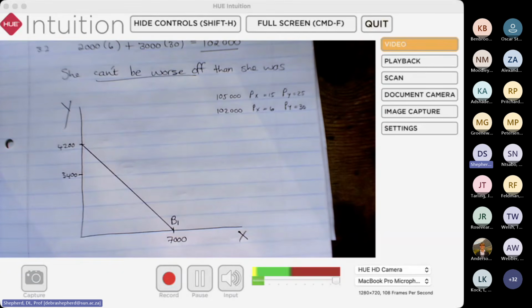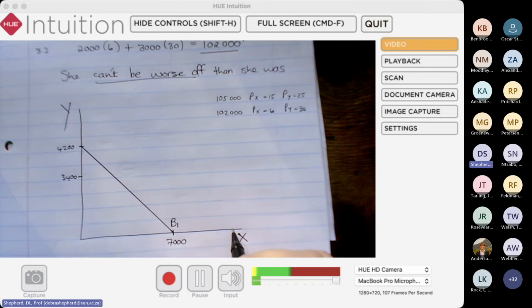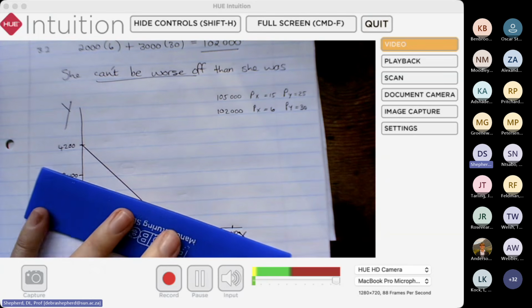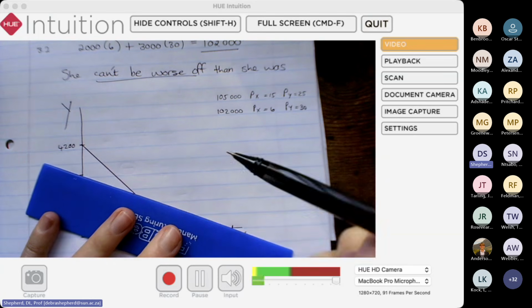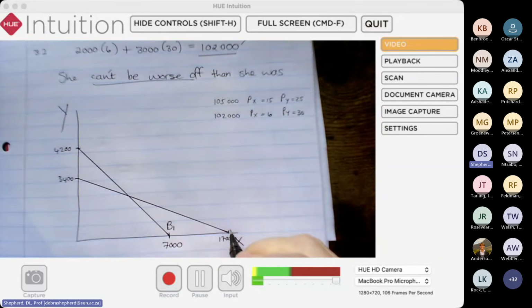If she consumed all of her income on X, she would get 17,000 units of X. Okay, so I'm not drawing this to scale, but it brings home the point. If I then connect those 2 points, I find my 2026 budget constraint.